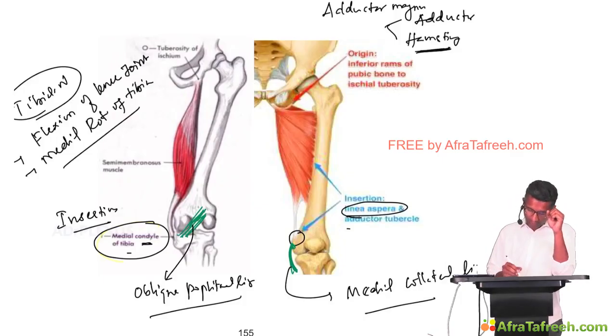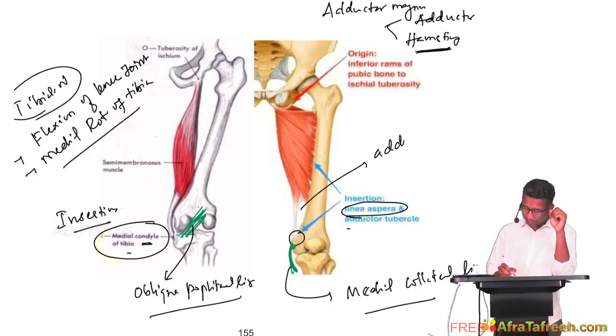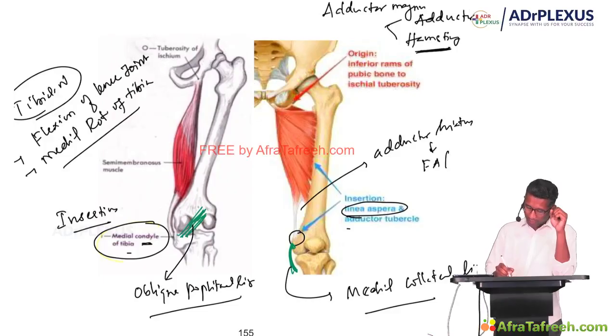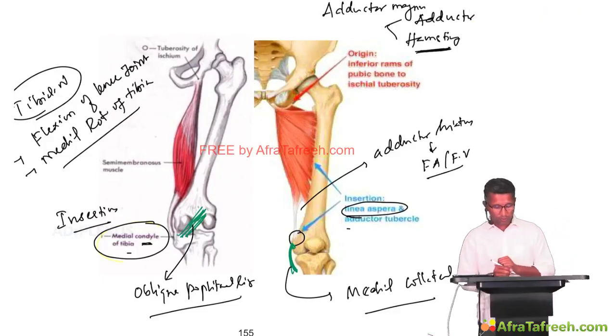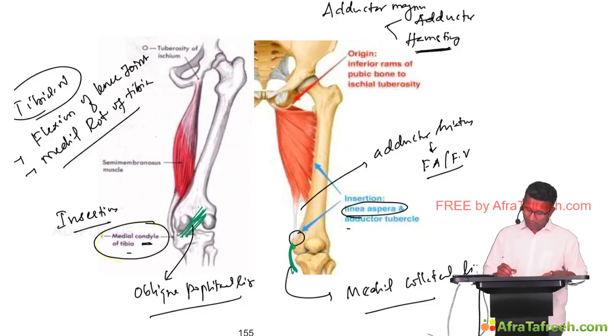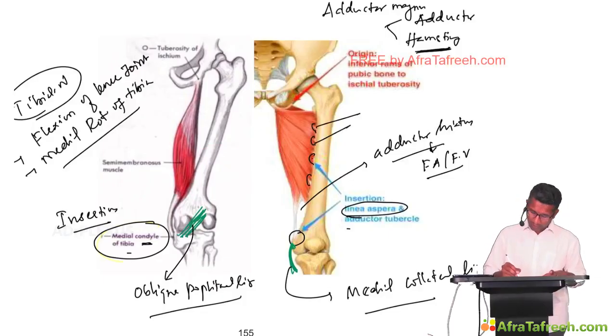Very good. So this is the adductor hiatus which you see here. This adductor hiatus transmits the femoral artery, and it also transmits the femoral vein through it. This adductor hiatus is the last opening present in the adductor magnus muscle. Above that you have a few more openings, and these openings in the adductor magnus allow the passage of the perforators of the thigh.